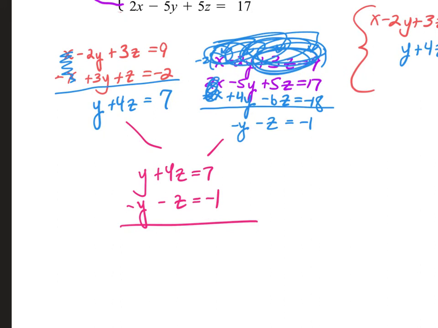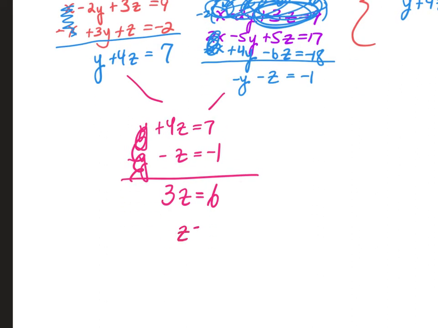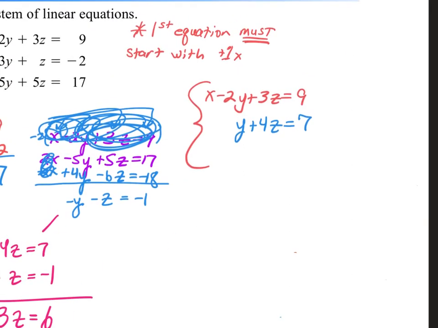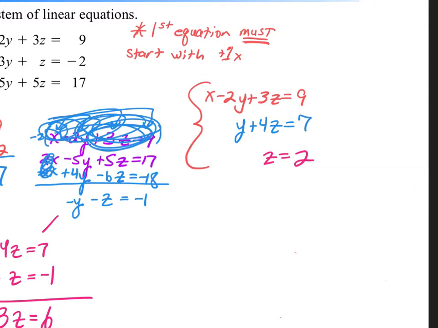Cancel out your y's now, because all you wanted to say is what? z equals. So my y's cancel. What's 4z minus 1z? 3z. What's 7 minus 1? 6. Guys, what does z equal? So z equals 2.